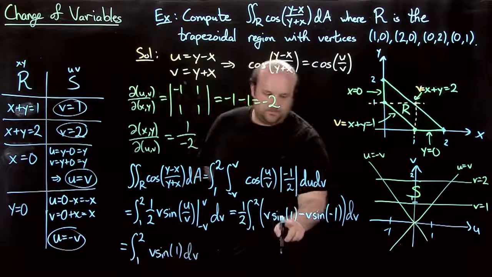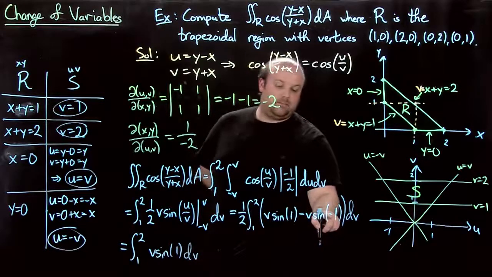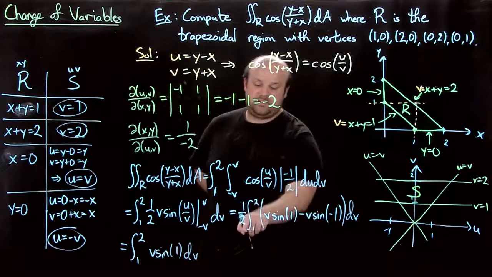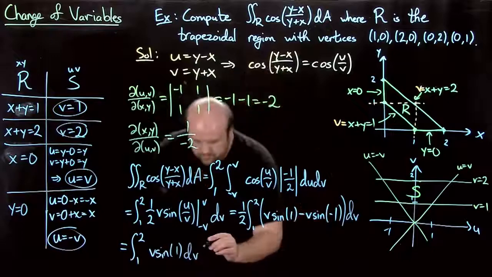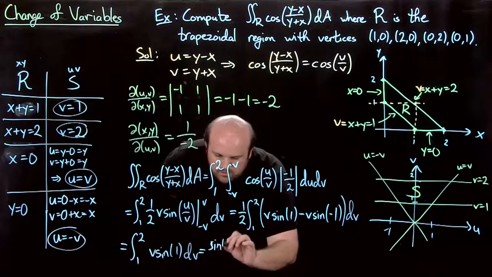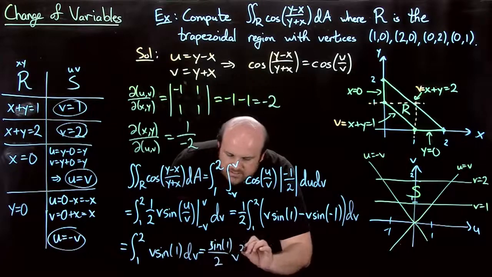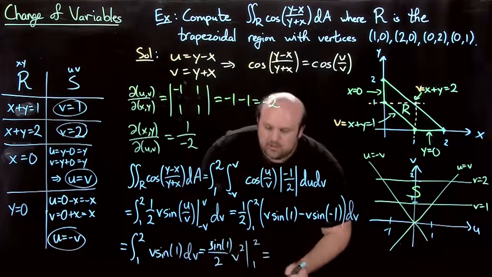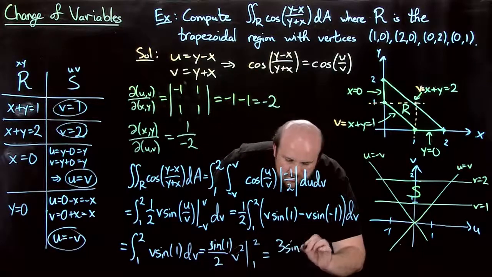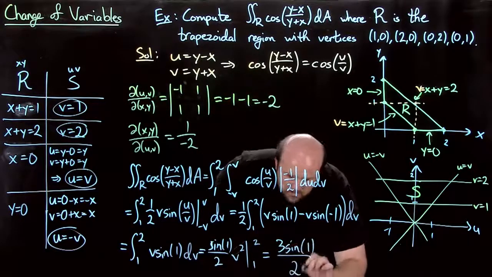Because if I pull the minus out, I get 2v sine of 1, and the 2 and the 1/2 cancel. Right? So this is sine of 1 over 2 v squared from 1 to 2. So this is 3 sine 1 over 2.